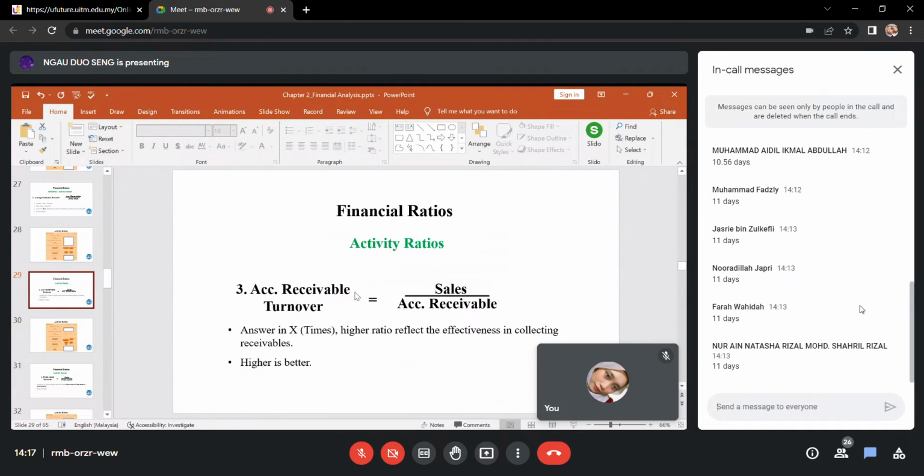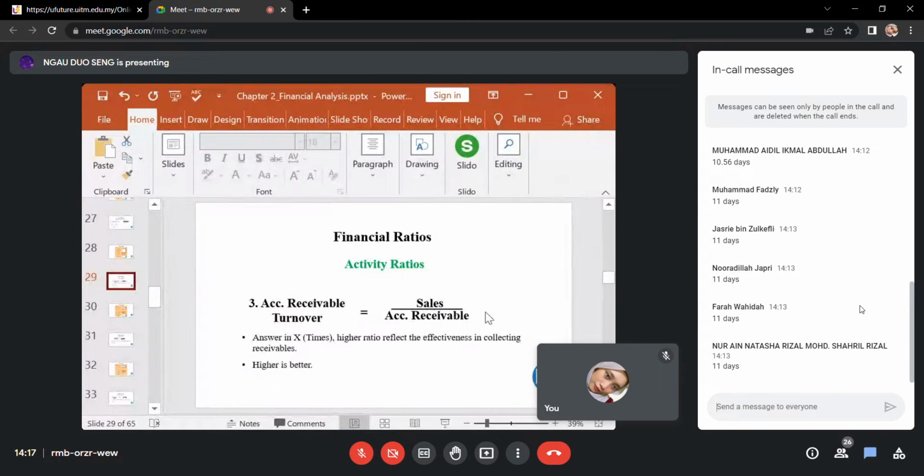Account receivable turnover is sales divided by account receivable. A higher ratio reflects effectiveness in collecting account receivable. Please check.